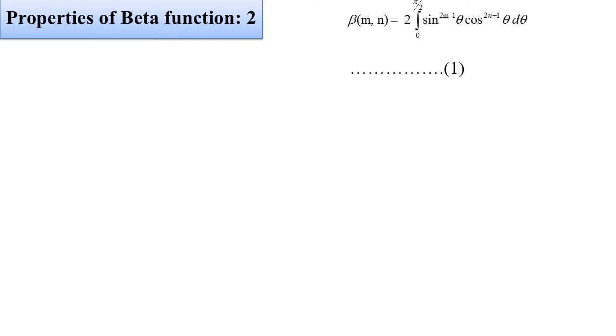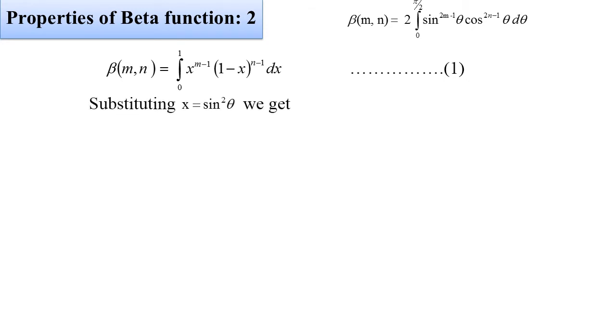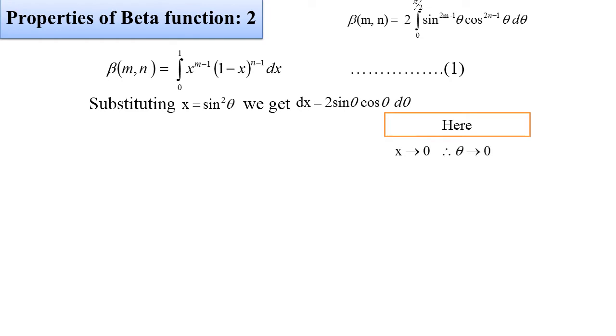Next we have beta(m,n) equal to 2 times the integral from 0 to pi/2 of sin to the power 2m minus 1 theta, cos to the power 2n minus 1 theta, d theta. According to the definition of the beta function, we have beta(m,n). Now we put x equal to sine square theta. So we get dx equal to 2 sin theta cos theta d theta. As x tends to 0, theta tends to 0. As x tends to 1, theta tends to pi/2.